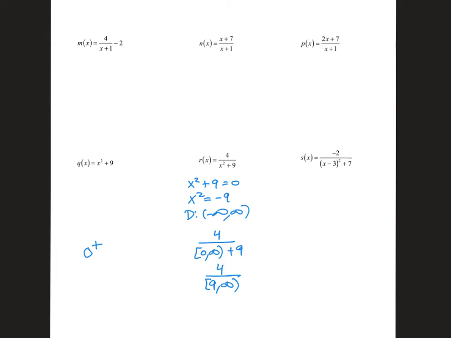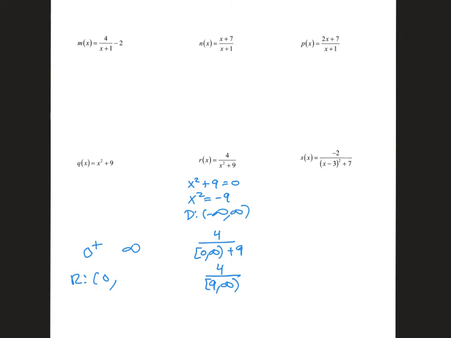And can it also explode towards positive infinity? Let's test this. To get close to 0, I would have to have my 4 divided by an enormous number, and I have that. 4 divided by infinity is going to get super close to 0 from the positive side, but never going to hit 0.